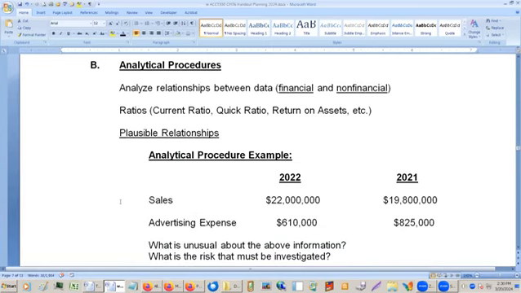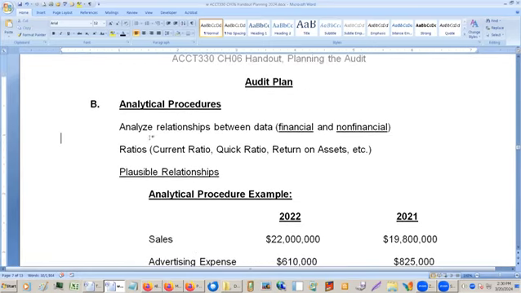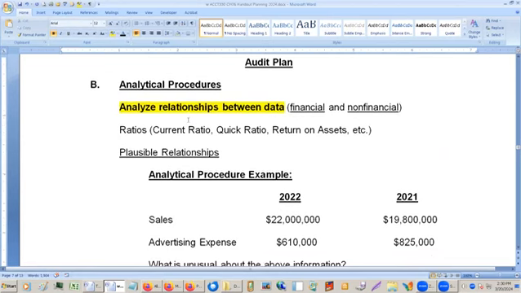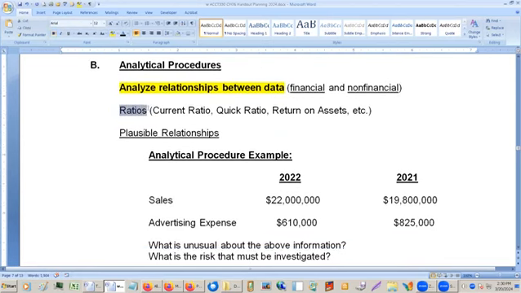Analytical procedures. Analytical procedures are, you're basically looking for relationships between data. I know that's kind of vague, but that's what it is. Oftentimes they're ratios, and you guys have worked with ratios in your other classes, so current ratio, quick ratio, all that kind of stuff.